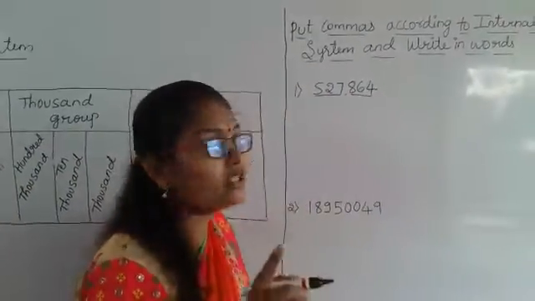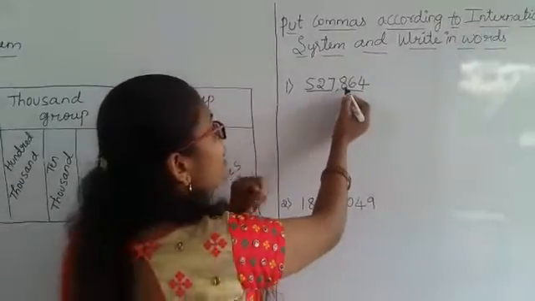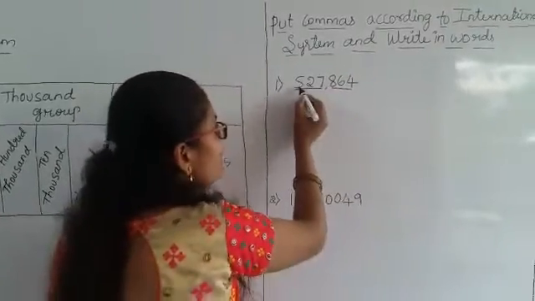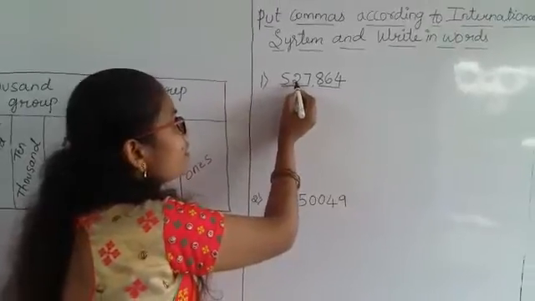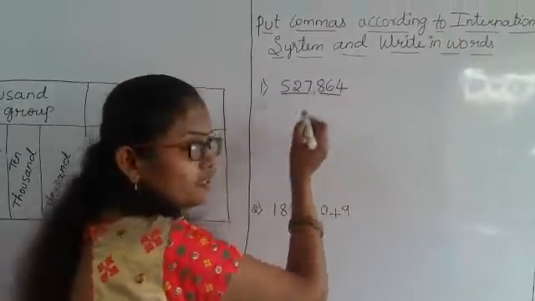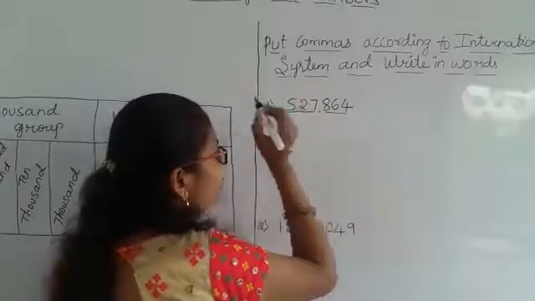527,000, 527,864. See how we read this number: 527,864. Now we kept the comma here.